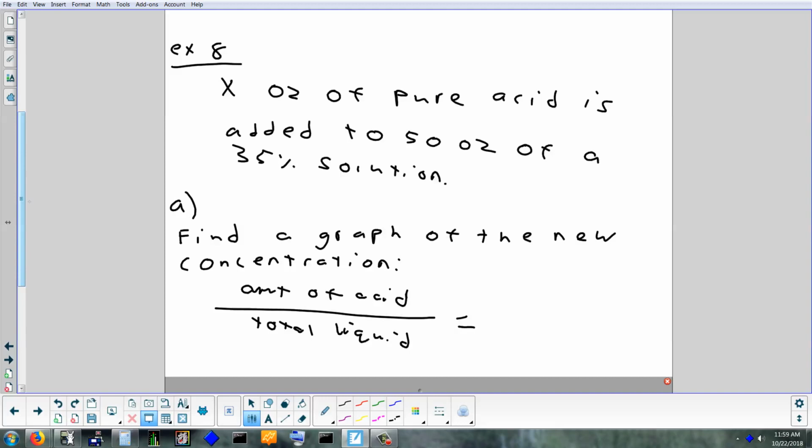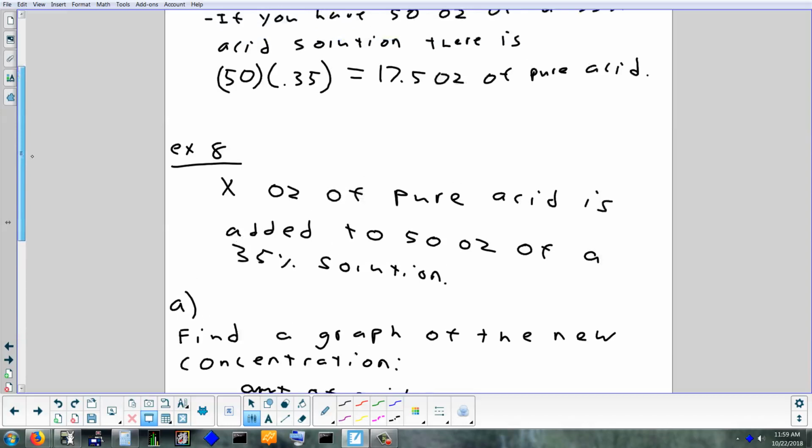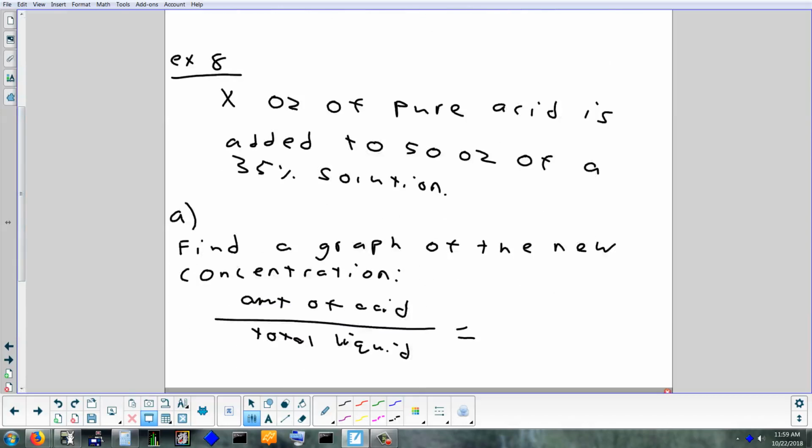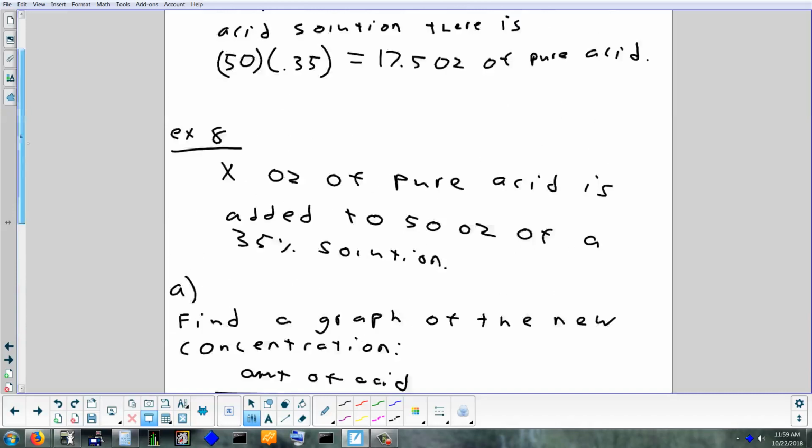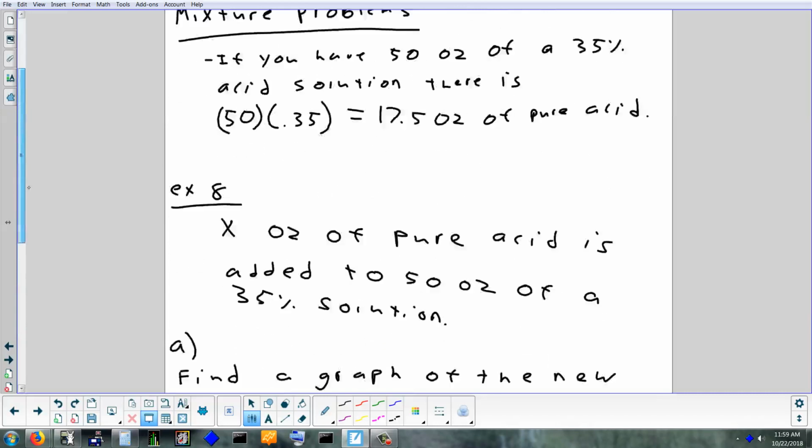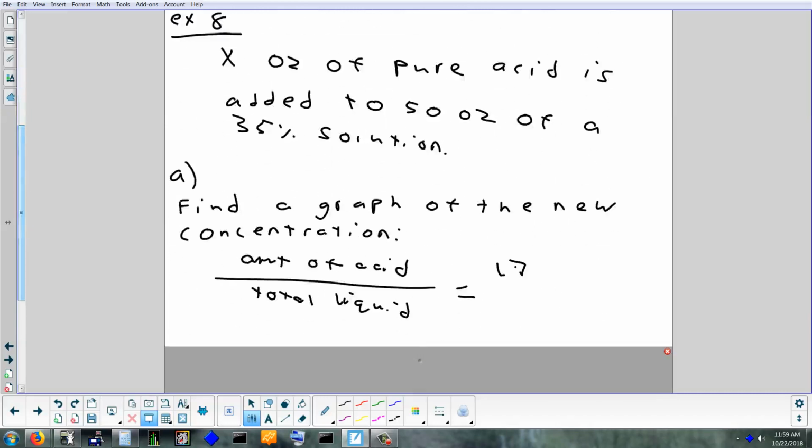We had 50 ounces, but only 35% of the 50 is actually acid. So 17.5 is your... that's why we did that up above. So we had 17.5 ounces of acid, plus how much acid are we adding to the solution? Unknown, that's the X. So we're adding X ounces of pure acid to the solution.